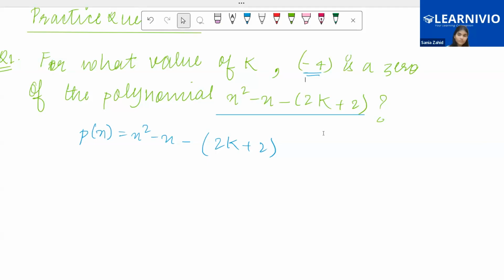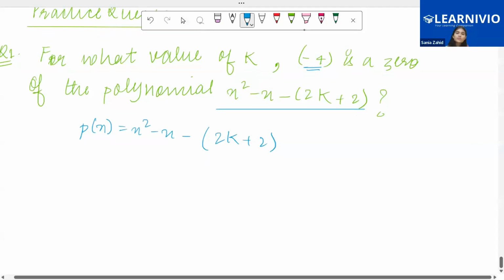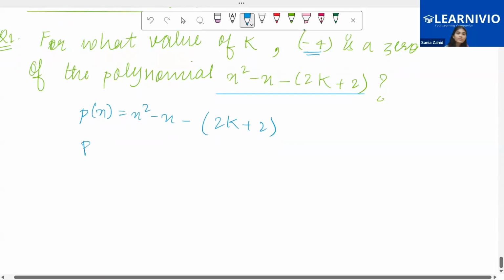K equals 1, ma'am. Okay, let's check. So the polynomial is given, and the zero is -4. So you will put the value for -4.